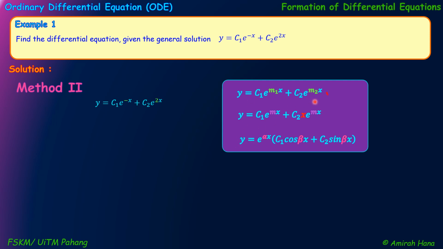When we compare, it is similar to the first one. Our m1 equals -1 and m2 equals 2, or we can write m equals -1 and m equals 2.